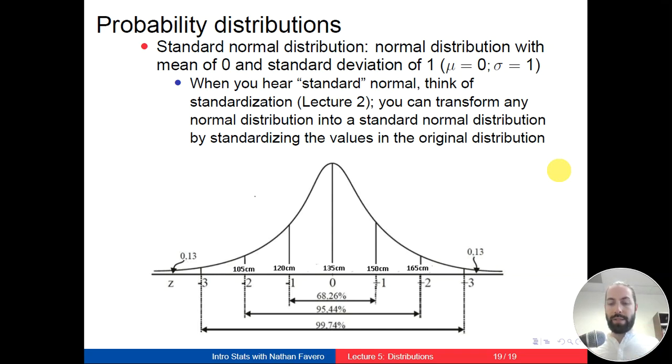When we talk about standard errors in lecture 6, those are going to be describing probability distributions, and they're going to be the building block that we use to create things like confidence intervals or to conduct statistical significance tests. So what we learned today about probability distributions is really a foundation for practical tools that we're going to use and dive into in more detail in the future.